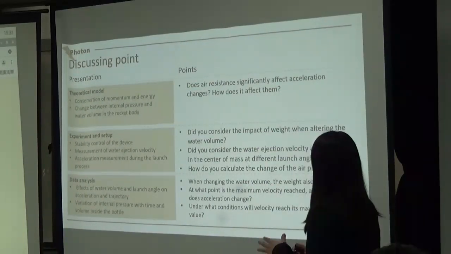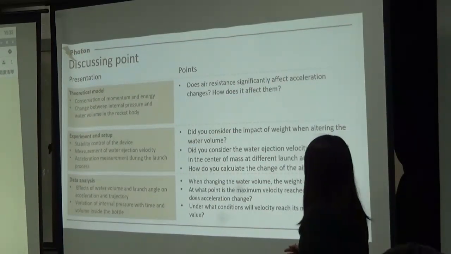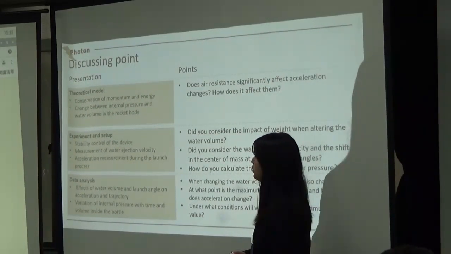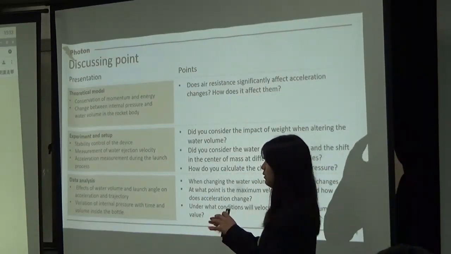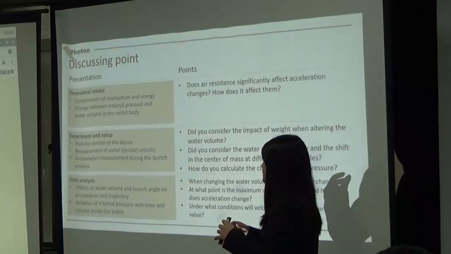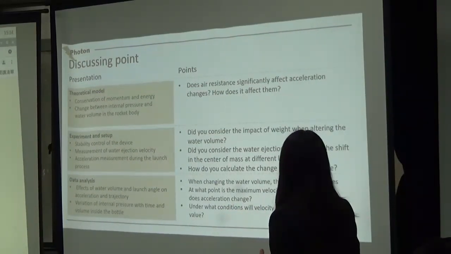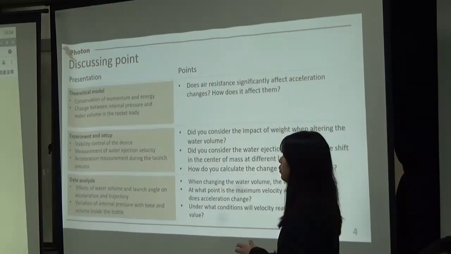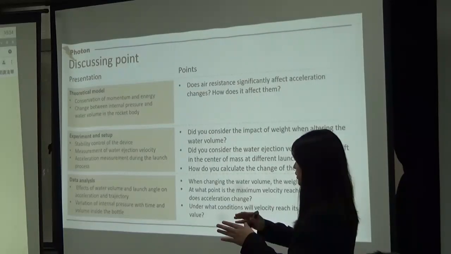And did you consider the water ejection velocity and the shift in the center of mass? Because you use the water volume as your manipulated variable, the center of mass will be different. Did that really affect your data? And how do you calculate the change of the air pressure? What is the data change? Can you connect it with your theory?